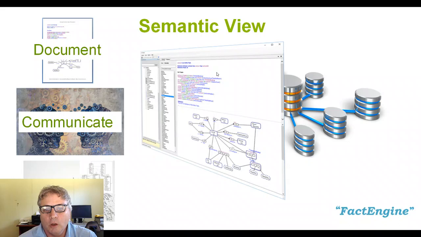Now, object role modelling is a type of semantic modelling or conceptual modelling that is semantically verbose, and I would argue that it's the most semantically verbose conceptual modelling language in the world.